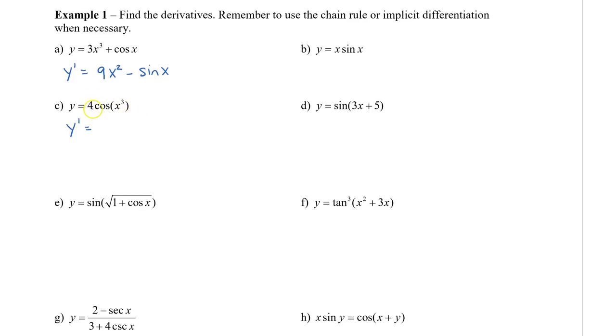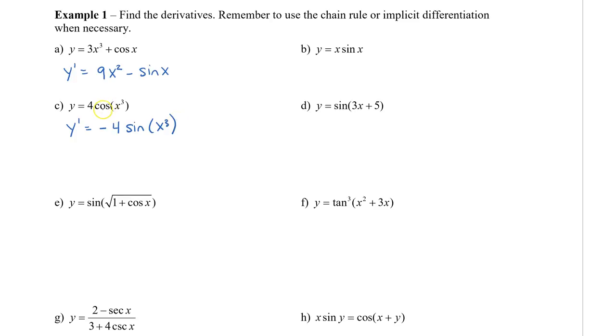On the next one here, we have 4 times cos x cubed. Now the 4 by itself is a coefficient in the front, so we're going to leave it as just 4. You can ignore that. You can do a product rule, but you don't need to. So we're going to have the 4, and now we're going to derive cos, which you know is negative sine. But we don't change the inside, so we have to apply the chain rule.